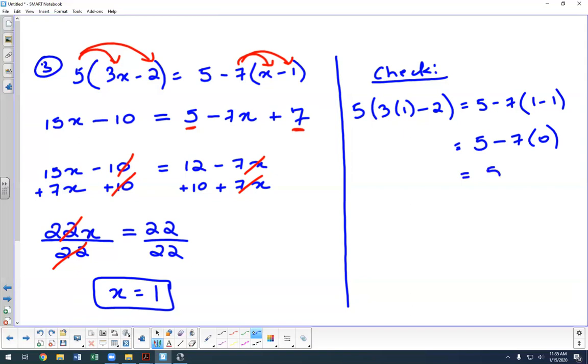So you get left behind with just a 5 on this side. 3 times 1 is 3, so that's 3 minus 2, which will be 1, and then of course 5 times 1 is 5, right? So then a true statement, which tells us our solution is 1 in this case.